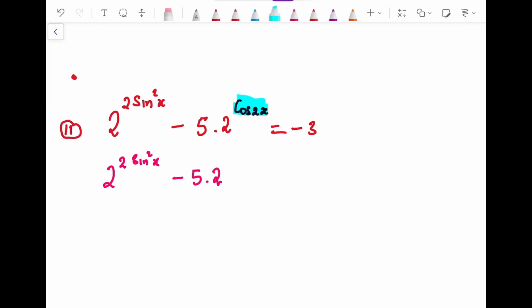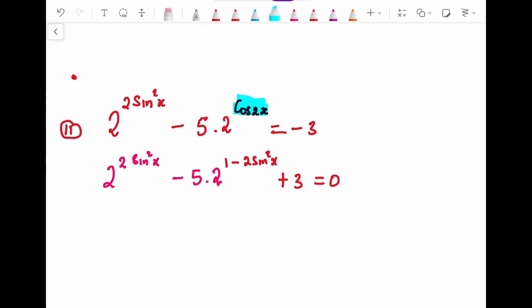We can change this double angle. So since we already have sine here, we will choose the one that has sine. So we can write cos 2x as 1 minus 2 sine squared x. And then if I transpose 3, I will have plus 3. This is equal to 0.